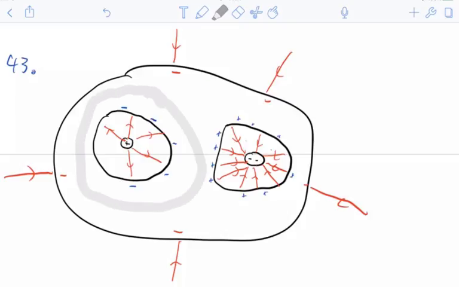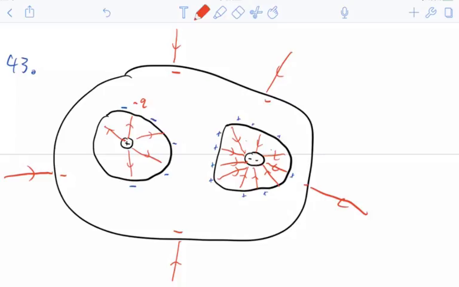Well, the electric field everywhere on that surface is 0 because it's electrostatic equilibrium. So the total charge there must be 0. And so in terms of this question, there was plus Q on the inside, so there must be minus Q on the surface. Okay.